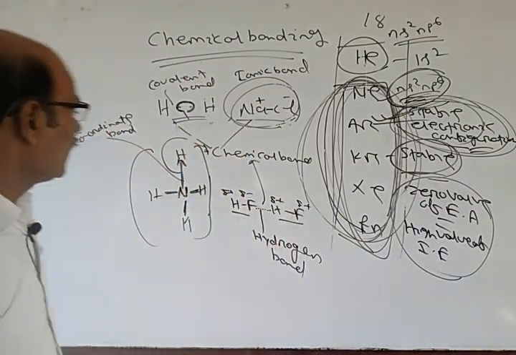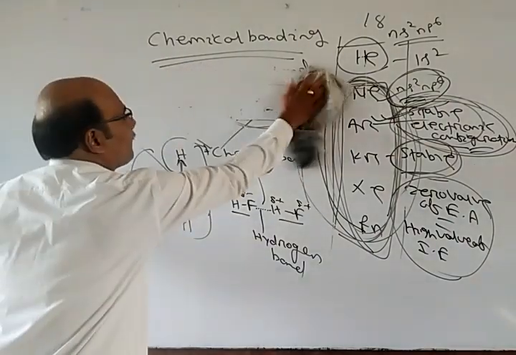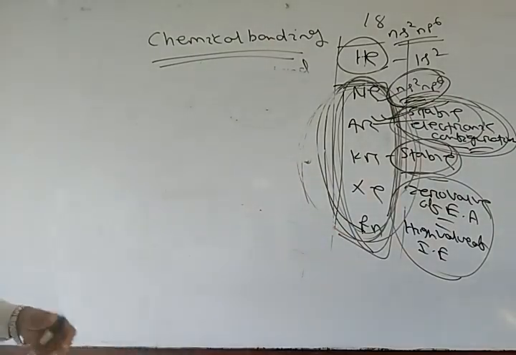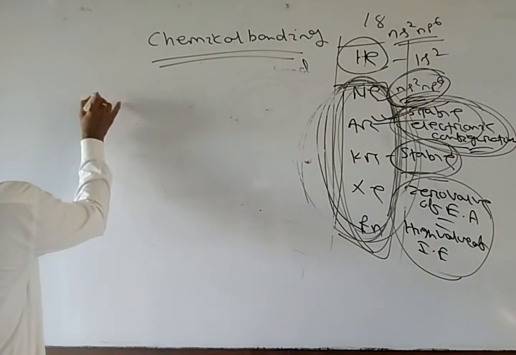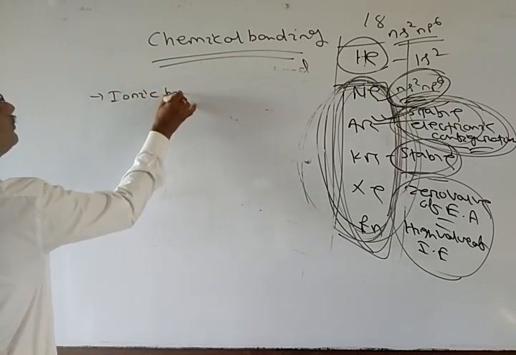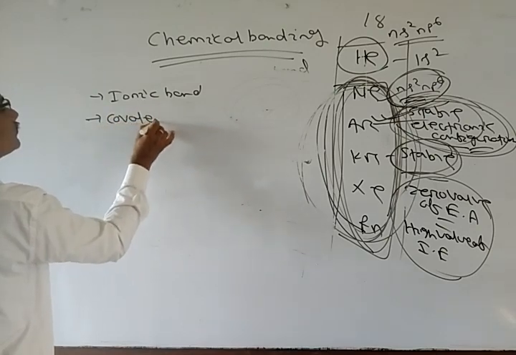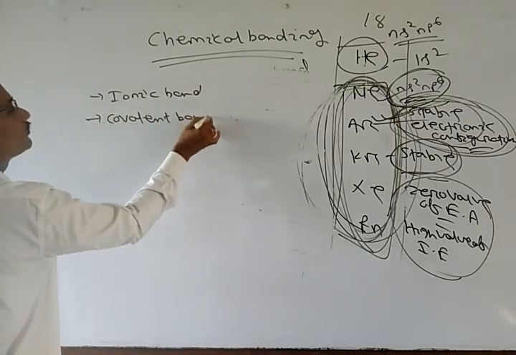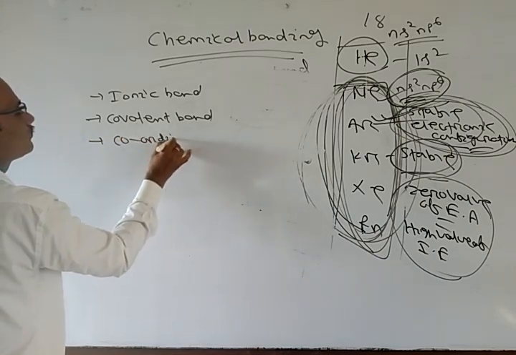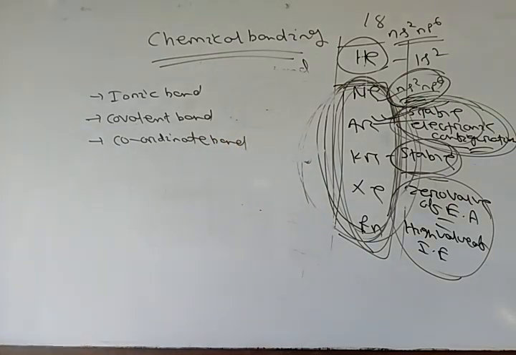Okay. So we have bonds like ionic bond, covalent bond, coordinate bond.